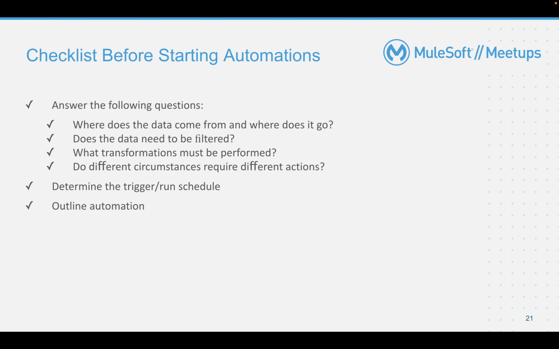So we understood the technical documentation and now the technical requirements, and we came to a conclusion that yes, MuleSoft Composer is the right tool for this business process to get automated. But before using Composer, we need to have some things in mind, right?